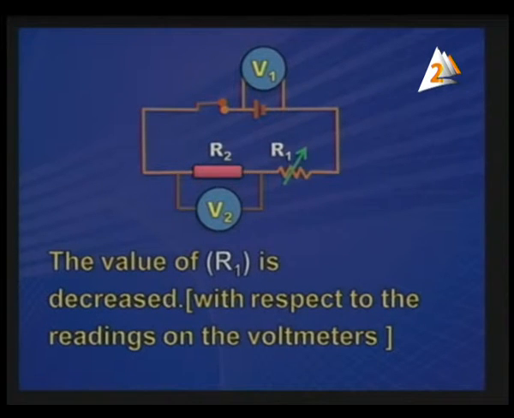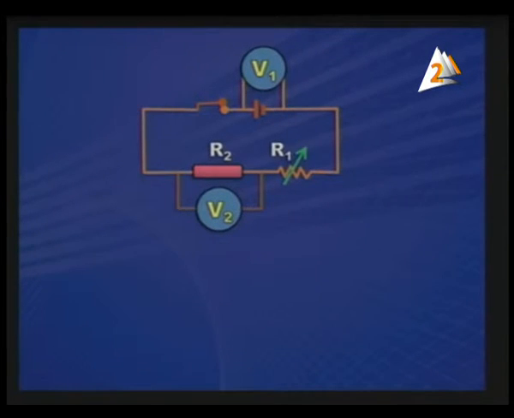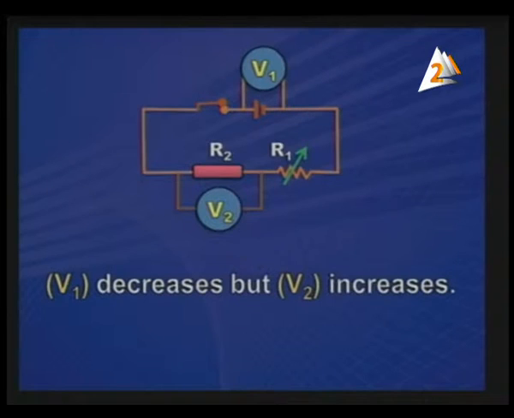V2 measures the voltage across R2. Now the value of R1 is decreased. What would happen? V1 decreases, but V2 increases.